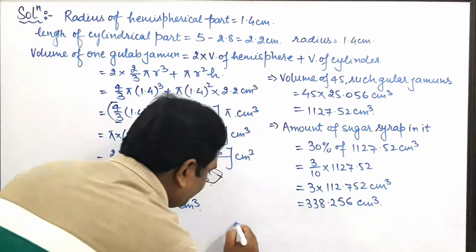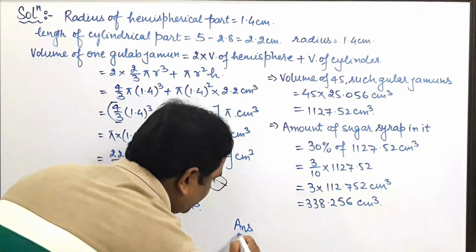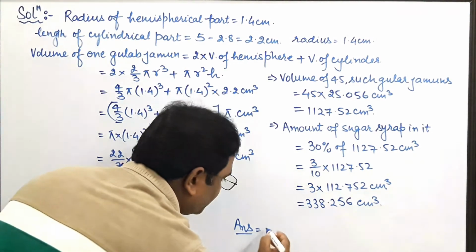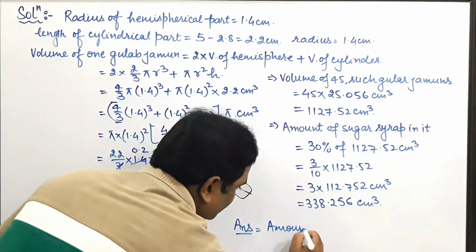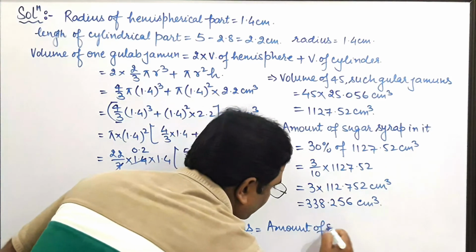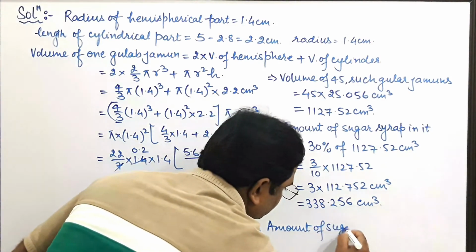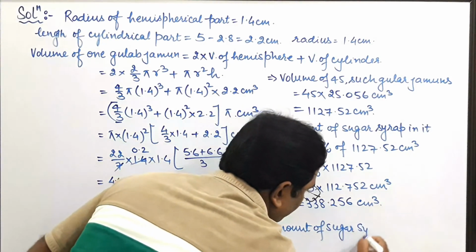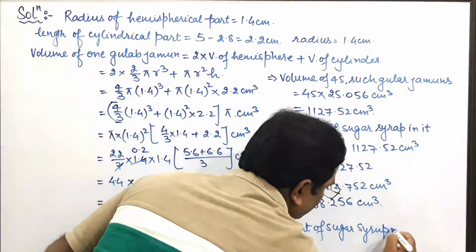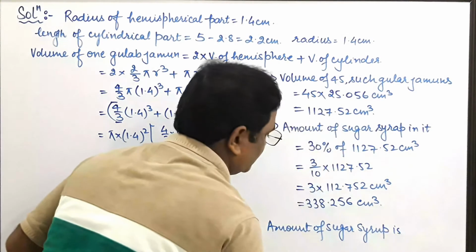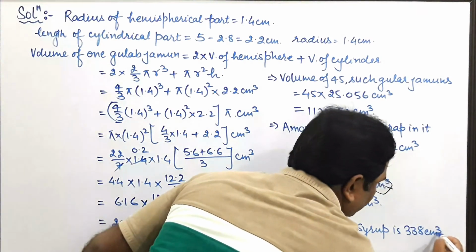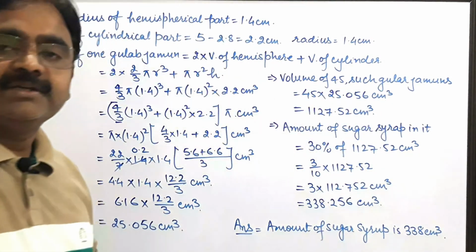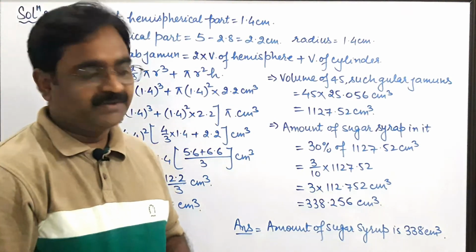So your answer would be, the amount of sugar syrup in it is 338 cubic centimeter is our required answer.